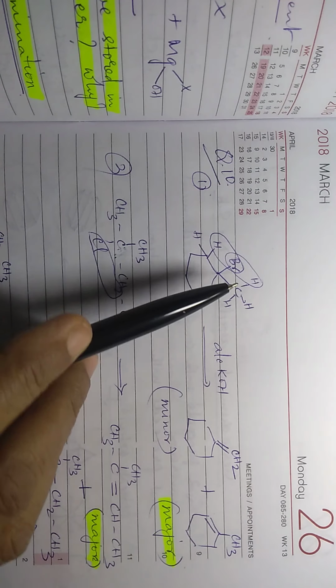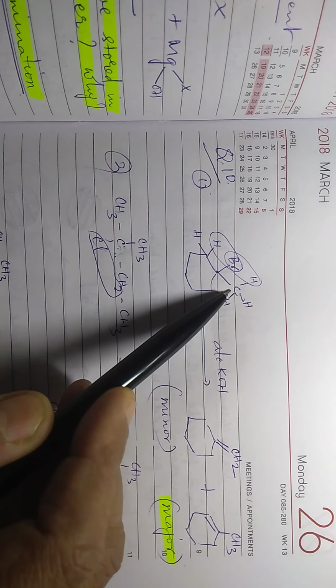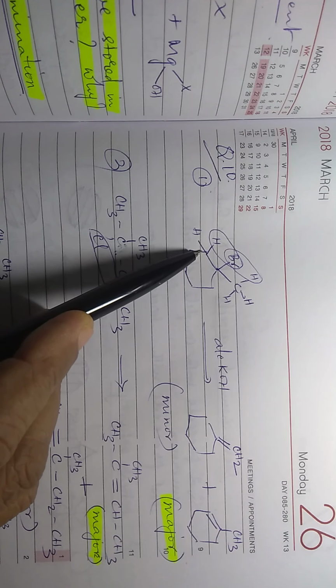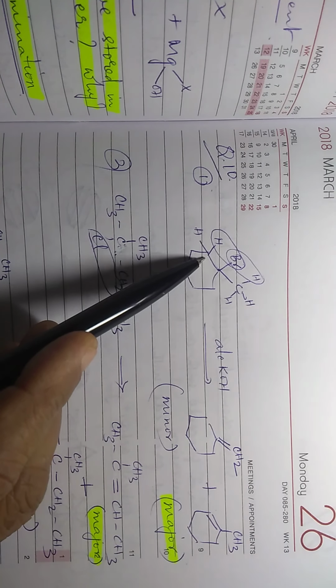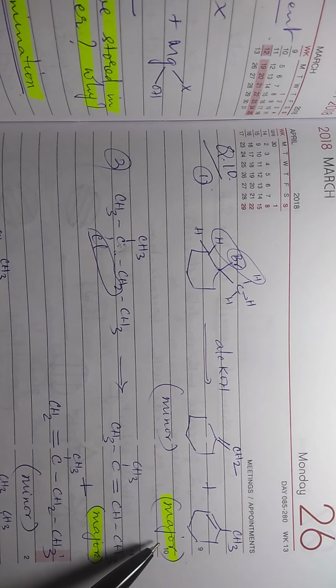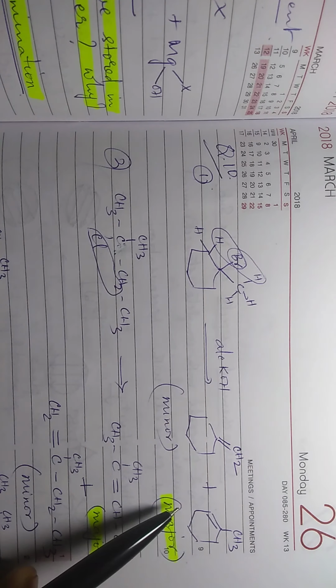Okay. Now, from which carbon, whether from this carbon or from this carbon, the hydrogen would be lost. Okay. If it is lost, then you will get a double bond outside the ring like this. And if the hydrogen from inside the ring is lost, then you will get a double bond inside the ring like this. And so here you will find this is more symmetrical.